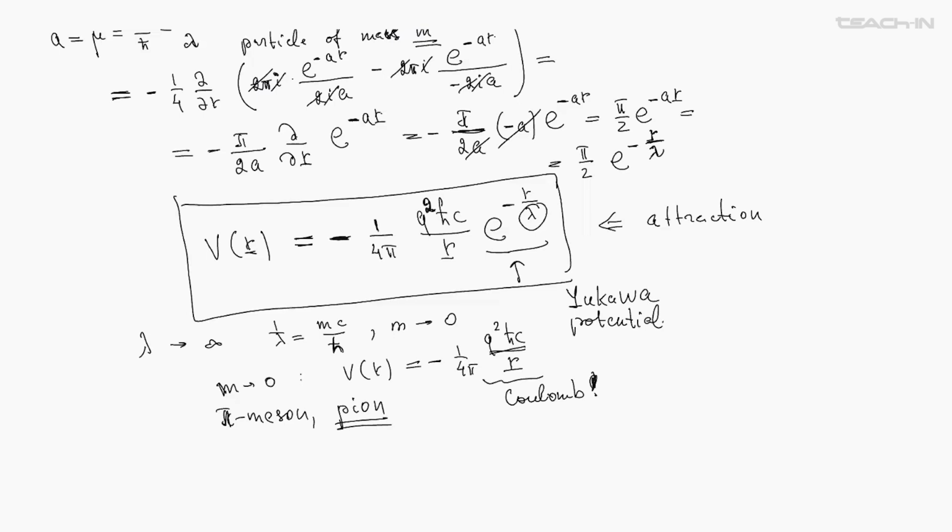In that case, with plus instead of minus, it is more preferable for particles to take large distance between them in order to decrease the energy, because then energy is positive and it will be decreasing when R tends to infinity.